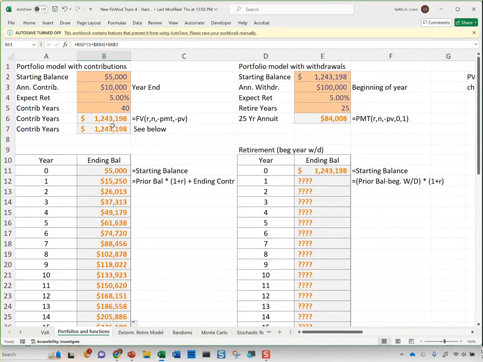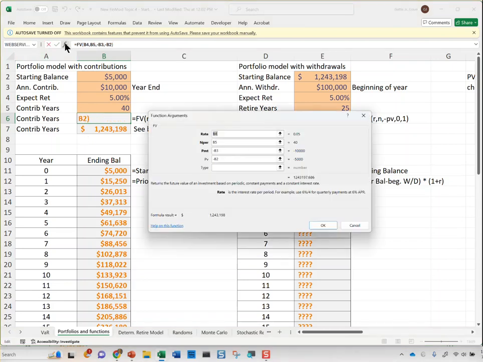Now I could have used an Excel function, and you can see here the FV function, future value, where I put in the rate 5%, number of periods 40, payment minus 10,000, and present value is minus 5,000, and it gives me the positive value of $1.2 million.